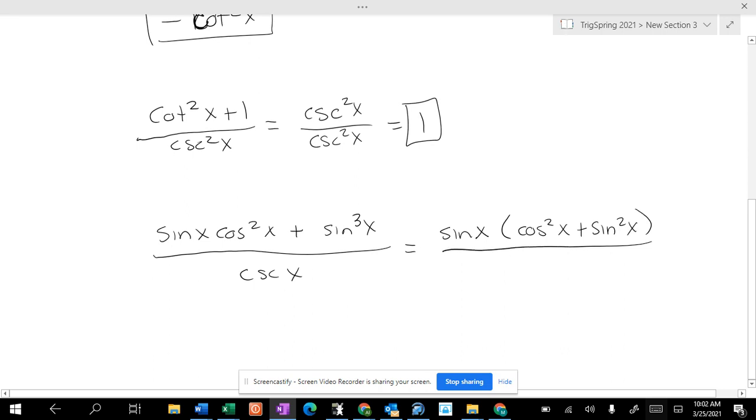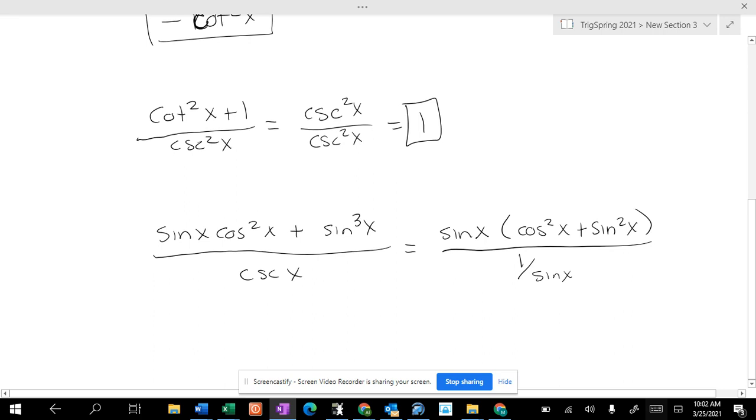Now we can do what Ethan wanted. What is cosecant of x? 1 over sine of x. All right, so we did that. Anything I can simplify there? Yeah, we can do that. What else can we do?